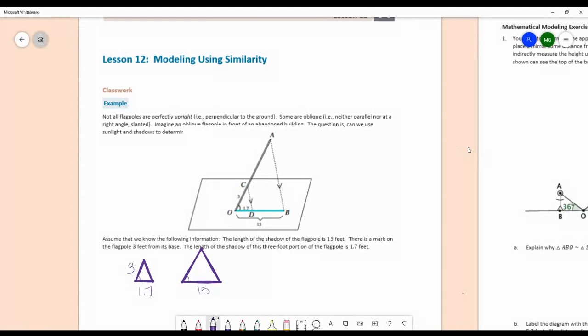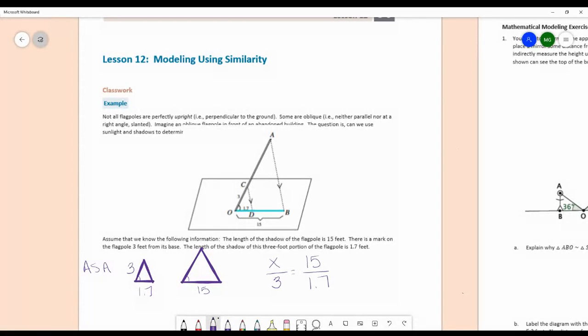And because that's a shared angle, we have side angle side, and therefore, we can set up a ratio, a proportion. The length of the flagpole compares to the smaller triangle as the length of the shadow of the flagpole is to the short, partial shadow.